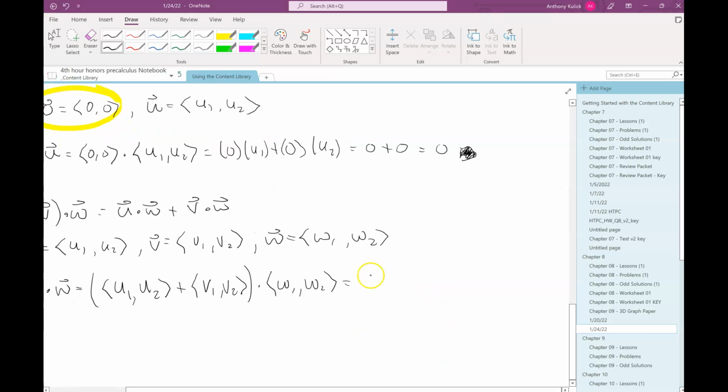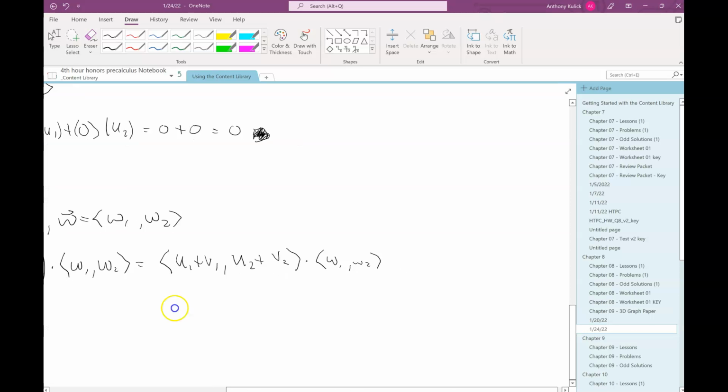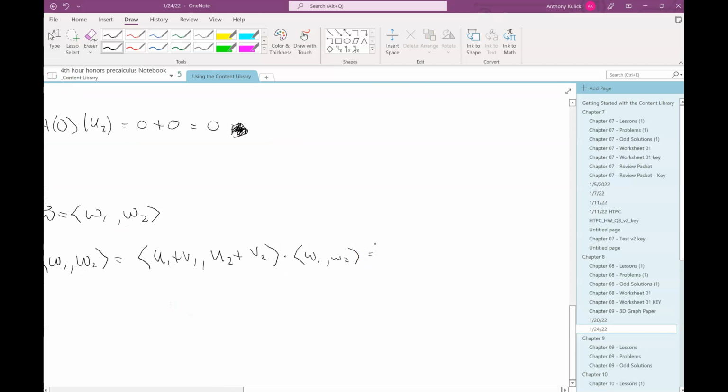And then I'm going to do my vector addition, just using my definition of vector addition. And then I'm going to go ahead and use my definition of a dot product.